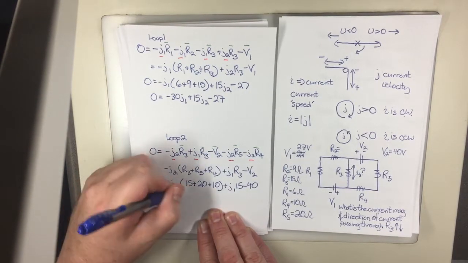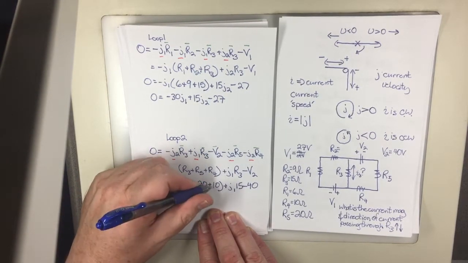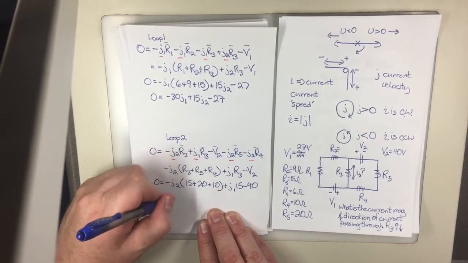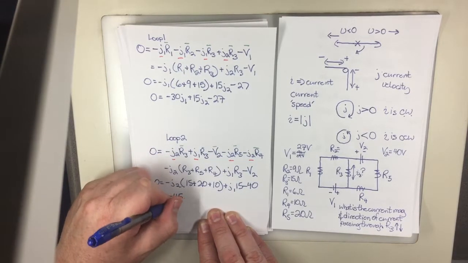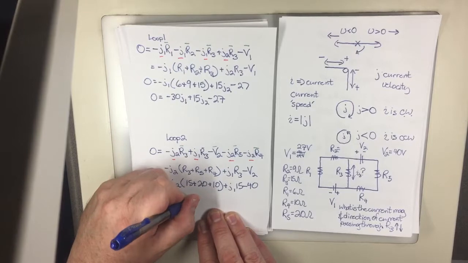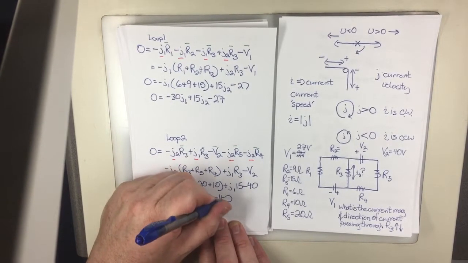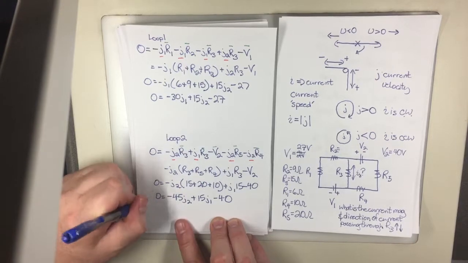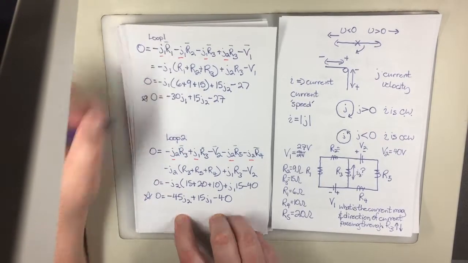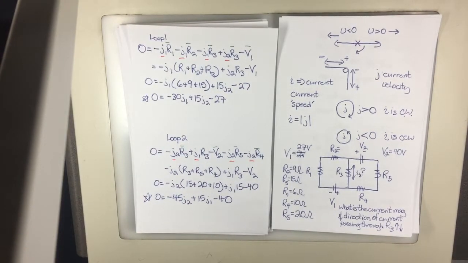This simplifies to 15, 20 is 35, 45, so minus 45 J2 plus 15 J1 minus 40.